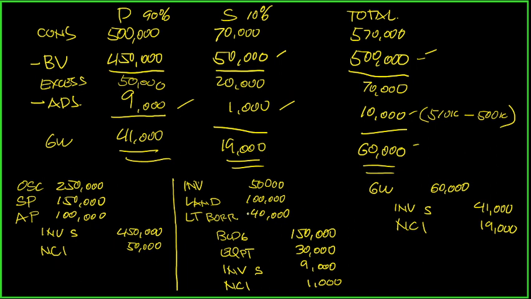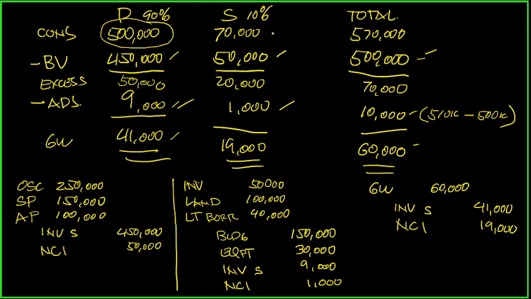Tara! Now, let's see. 450 plus 9, plus 41, that will be 500,000. Yung acquisition price. So, na-eliminate ba natin yan? Okay, so, paano po na-eliminate yan? 450, 9,000, and 41,000.